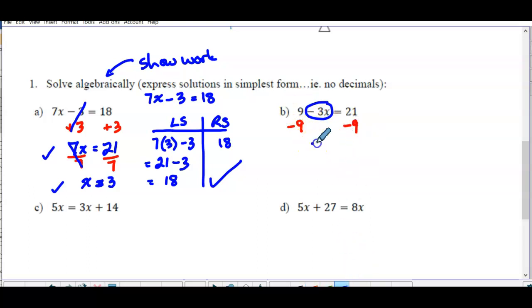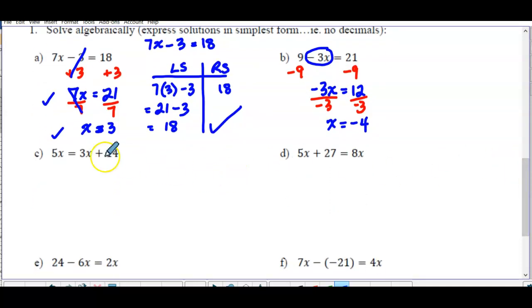And then that leaves me with negative 3x, and 21 minus 9 is 12. Then I need to get x by itself, so I've got to divide by the coefficient, divide by negative 3, and so x will equal negative 4. And again, you can verify by substituting back in.